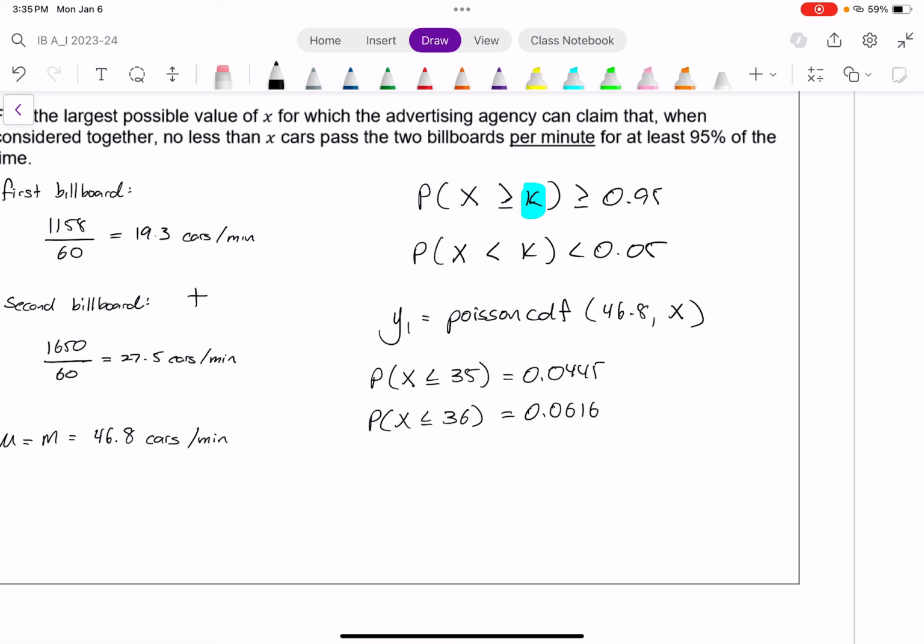0.0616. So got to be careful again, because really we're trying to solve this right here, which is just where it is less than K, not less than or equal to. And remember that K, or this 35, this 36, this represents the number of cars passing by. There can be 35 cars passing by in a minute, there can be 36, but there can't be anything in between that.